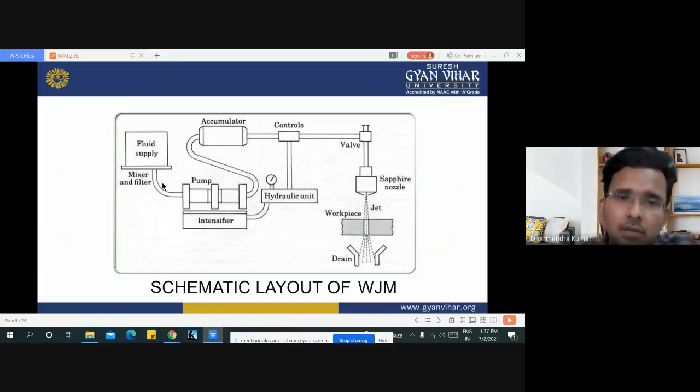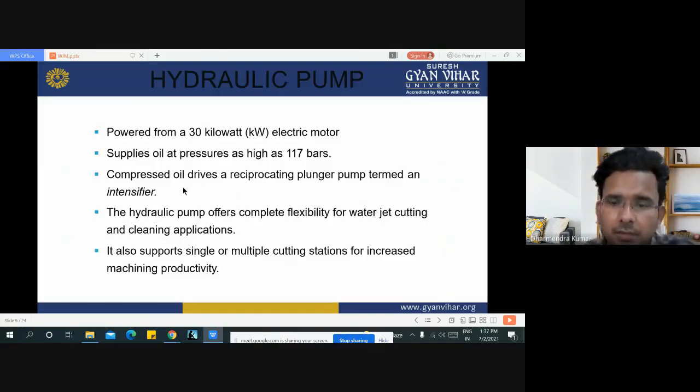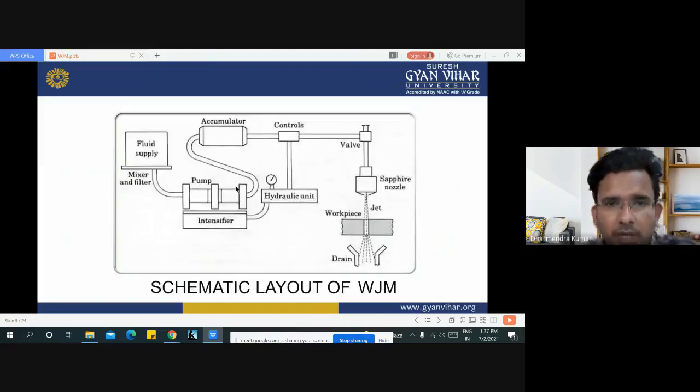This goes to the pump, and with the help of the pump, it goes through the accumulator, and after the accumulator, it goes through the control panel, then the valve, then the nozzle, and then strikes the workpiece. Here the hydraulic unit or intensifier is used in the water jet machining process.